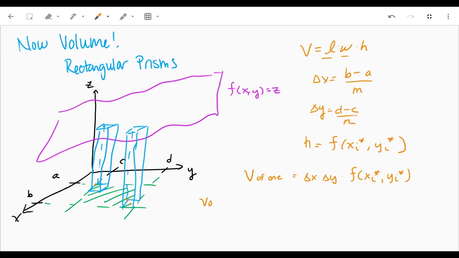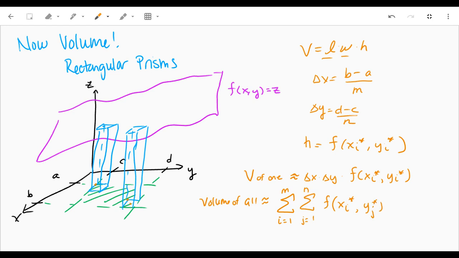So the volume of all of them, and again these are approximations, is a double summation from i equals 1 to m and j equals 1 to n of f of xi star, yj star.